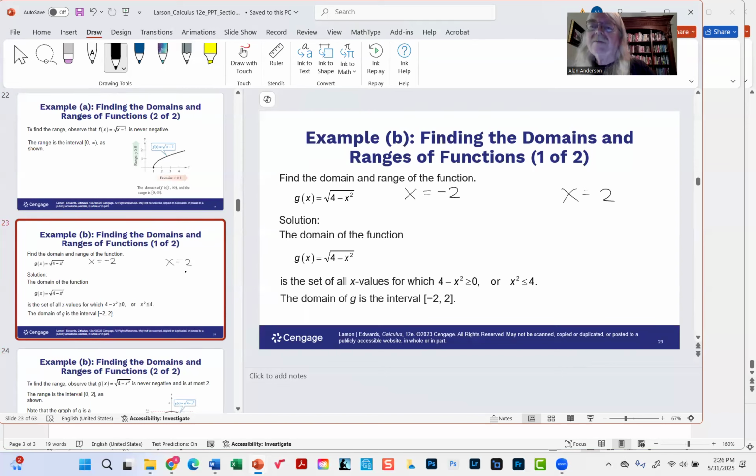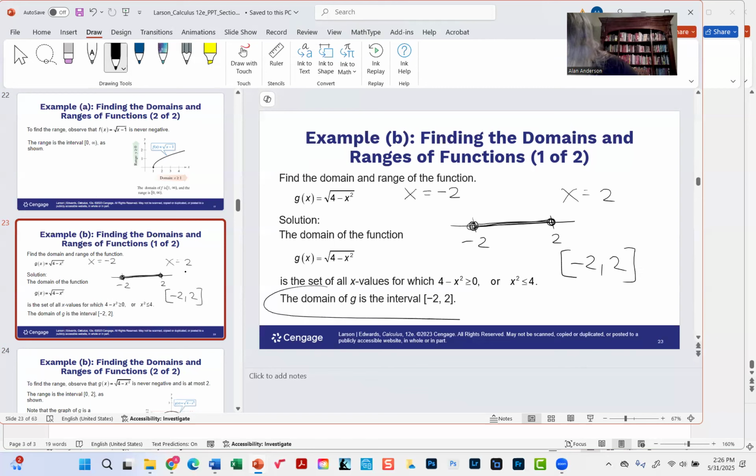In other words, once the absolute value of x goes outside that range, then we have a problem. For example, 3 would give us negative 5 under the square root sign, but 1 is fine, 0 is fine. So the domain is everything between these two, including the two endpoints. So we would write it like this: everything from negative 2 to positive 2 and everything in between.